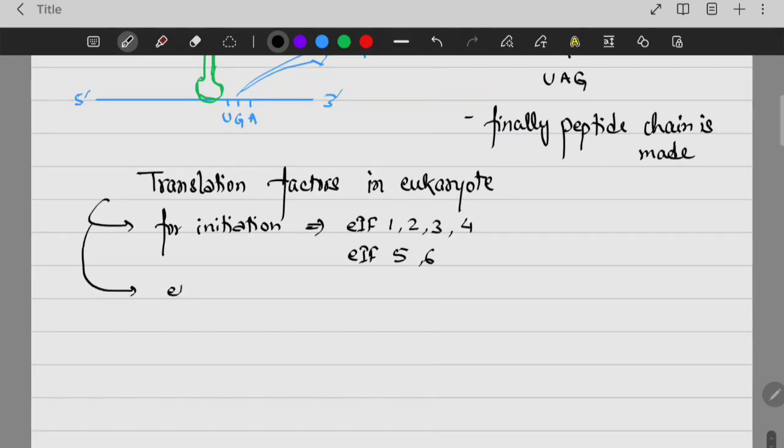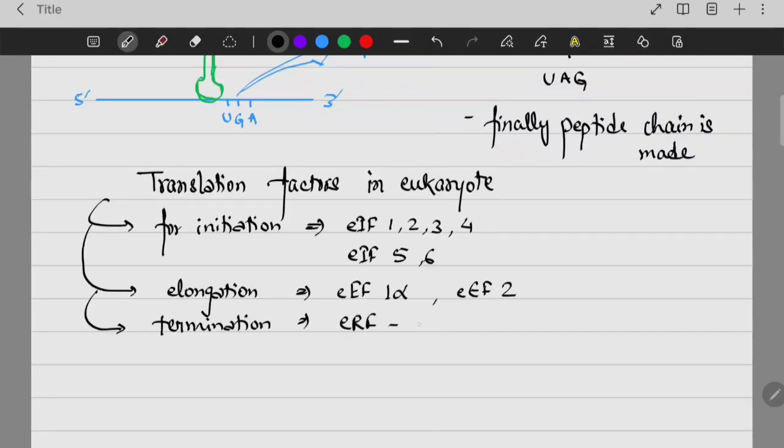Second one, elongation. These are easy to remember. I hope that you will remember all these points. It is not required too much, but if you can remember, then it will be an advantage for getting good marks. eEF1 alpha, then eEF2, and finally the termination, that is eRF1 and eRF3. So these are some translation factors in eukaryotes.